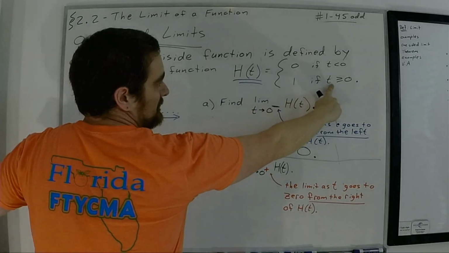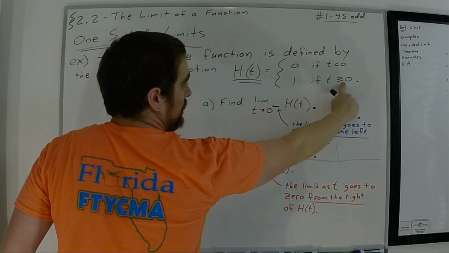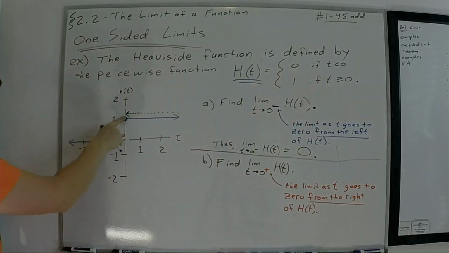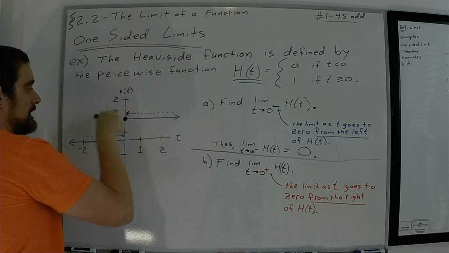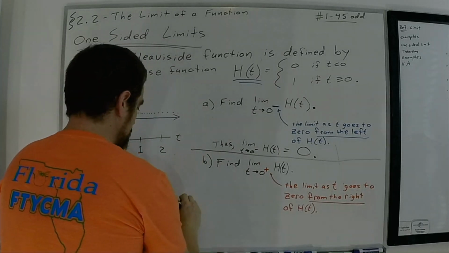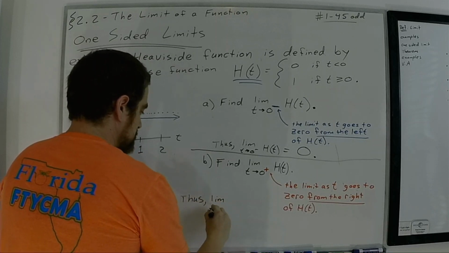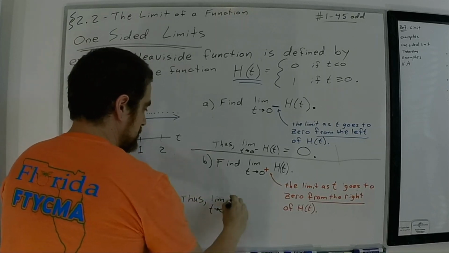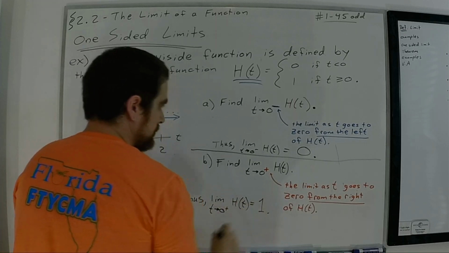Any positive number and 0 itself, greater than or equal to 0, is always going to try and spit out this value 1, which means the limit, as I approach from the right, is going to try and approach this value of 1. So thus, the limit, as t goes to 0 from the right, of h of t must be 1.